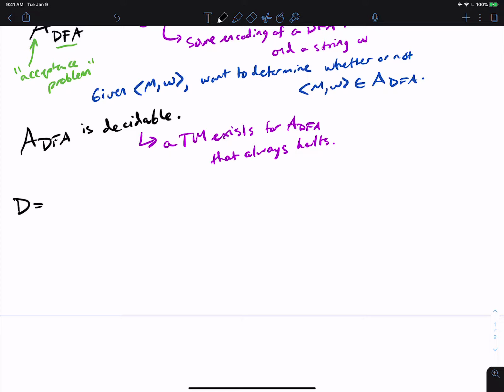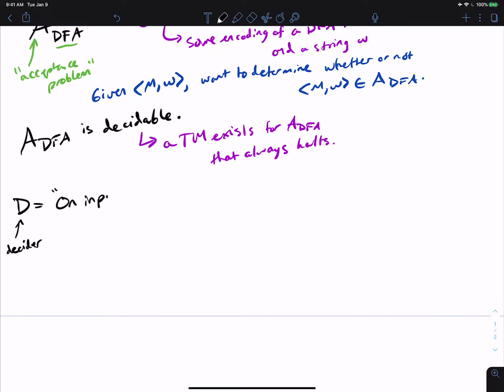So I'm going to make a decider D. This is the decider that we're going to make. Here we're always going to exclusively work with high-level descriptions of machines. We're never going to do low-level or anything.